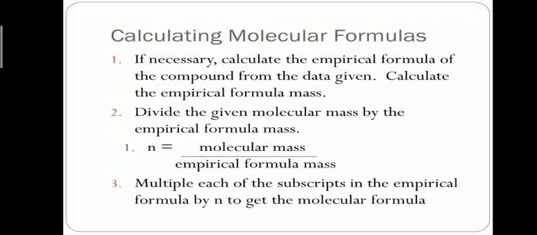Here is a formula. N is equal to molecular mass divided by empirical formula mass, or we can write it as molecular formula is equal to N times the empirical formula. Multiply each of the subscripts in the empirical formula by N to get the molecular formula.